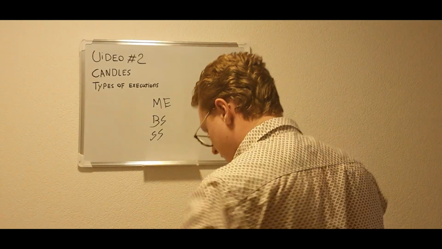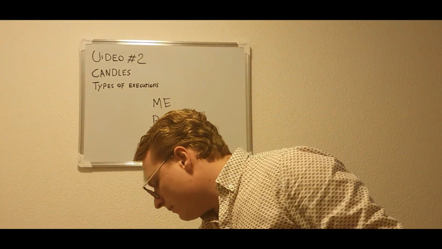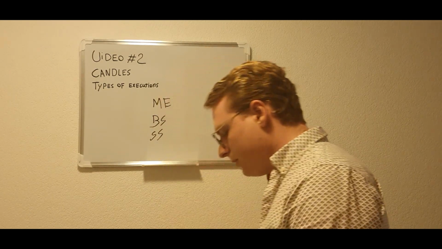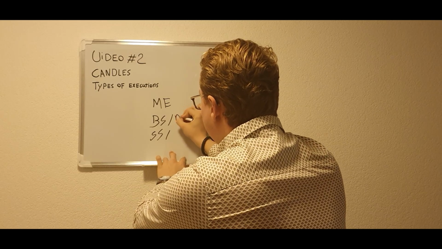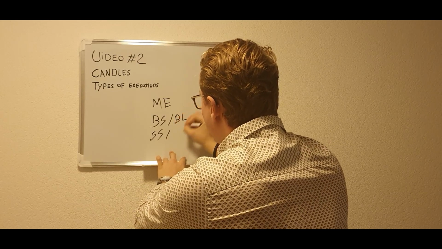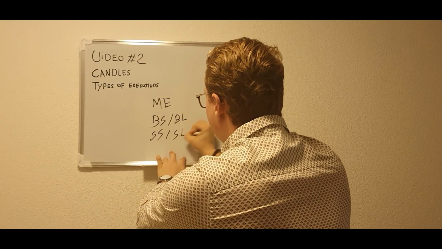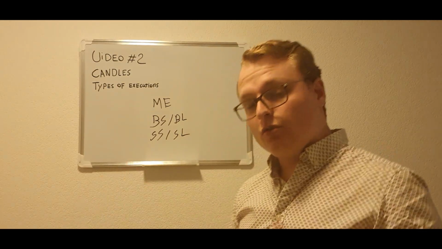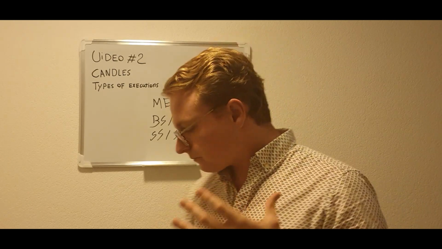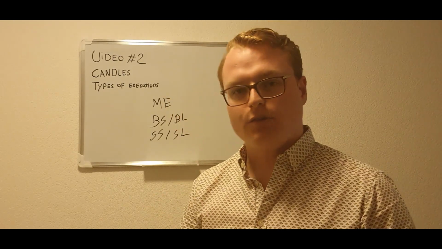So let's note them down for the moment: we've got a buy limit, I hope you're able to write that, and a sell limit. Now what buy limits and sell limits do, I personally use a lot more often than buy stops and sell stops.